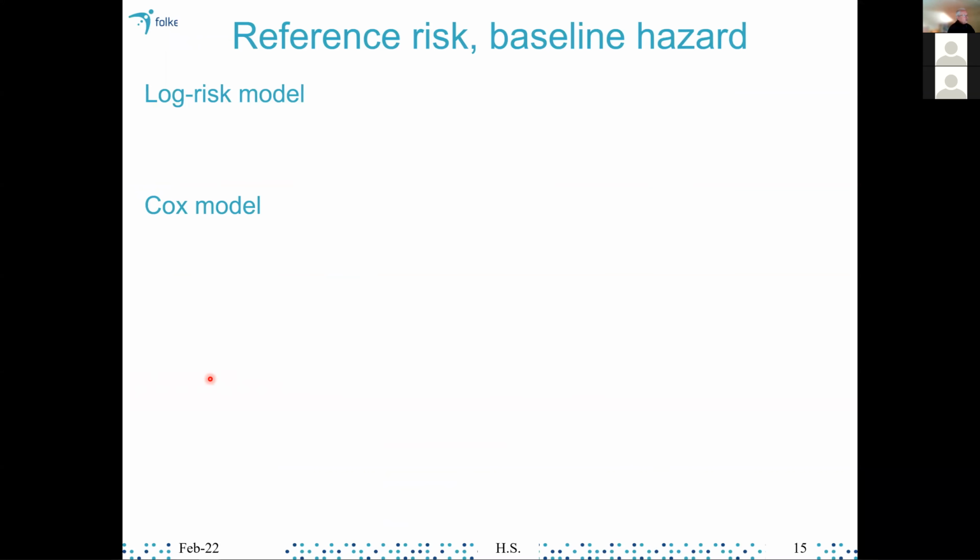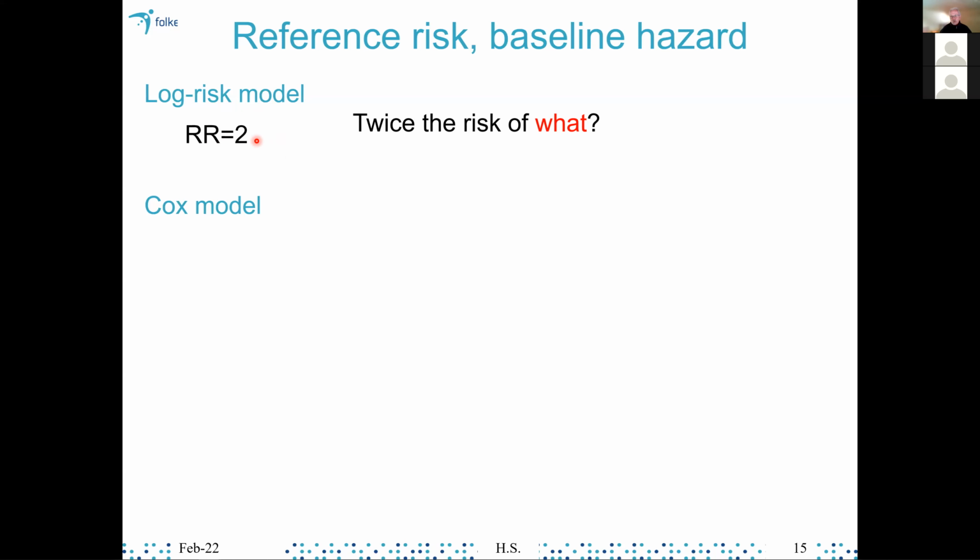Okay, so a few words about the baseline hazard. If you're working with, say, a logistic model or a log risk model, you will get an effect measure that's an odds ratio. In this case, I have a risk ratio. So if people are reporting a risk ratio of 2, you should always ask, what does that mean?